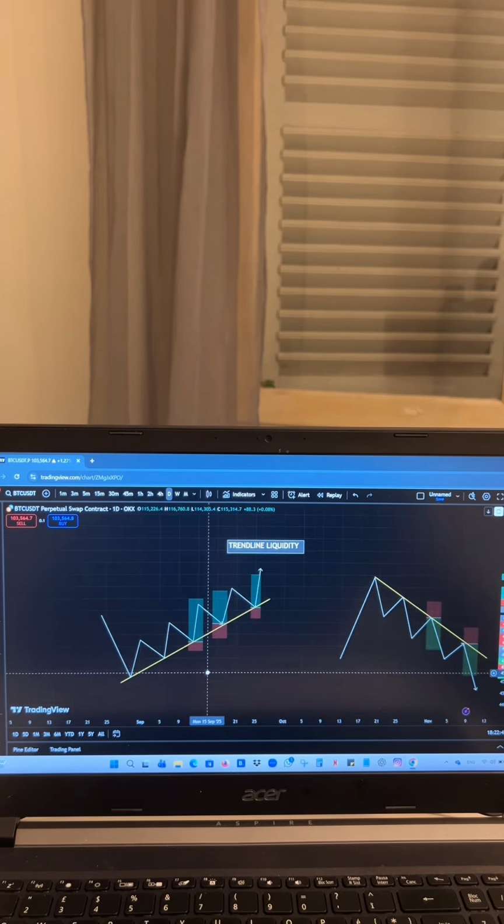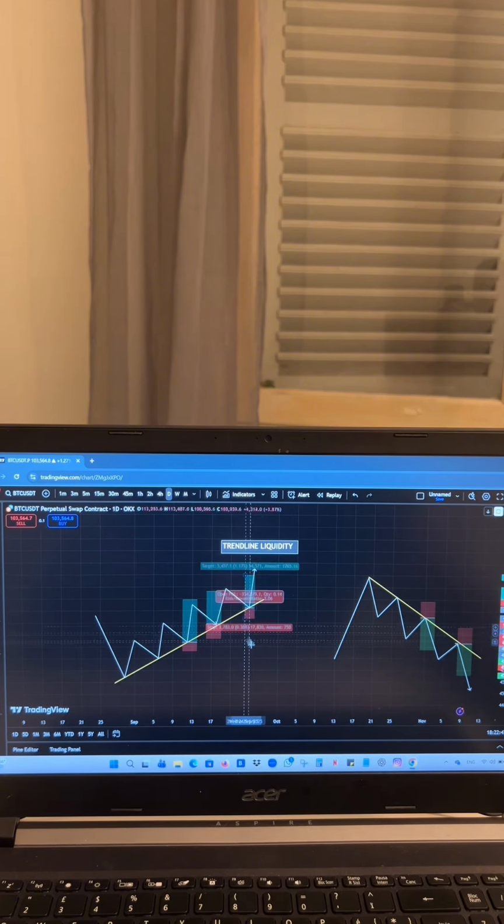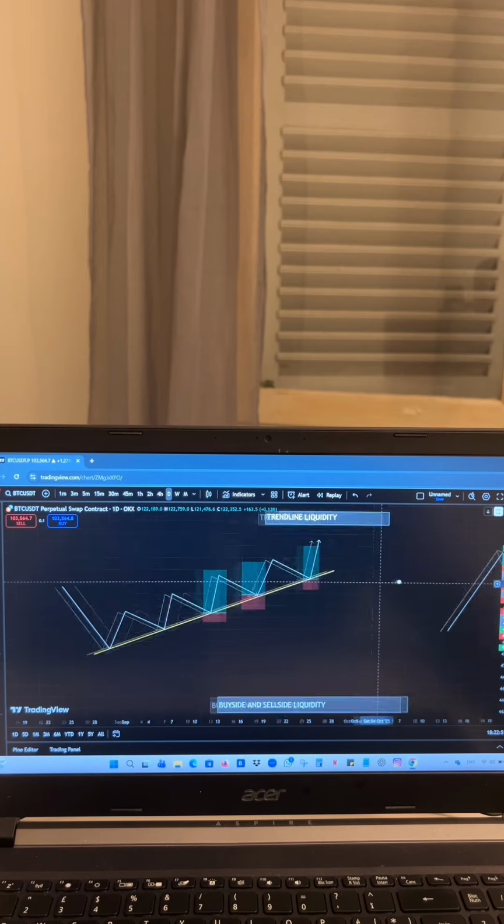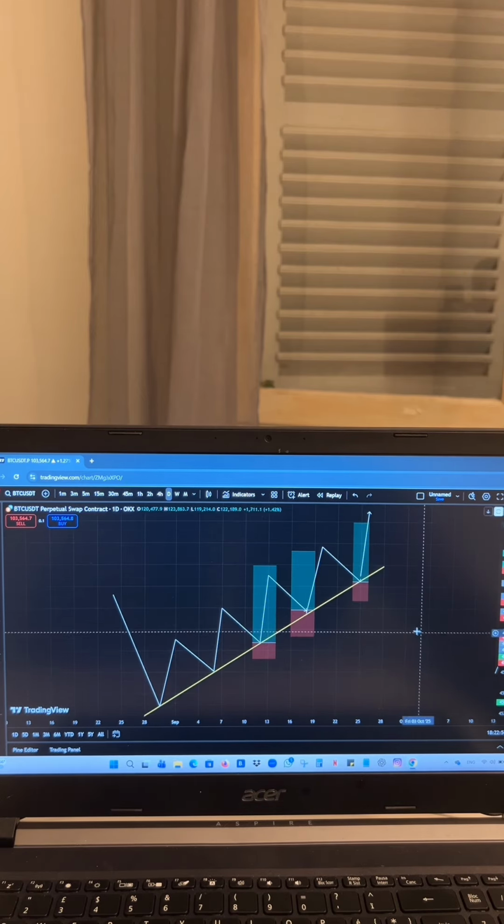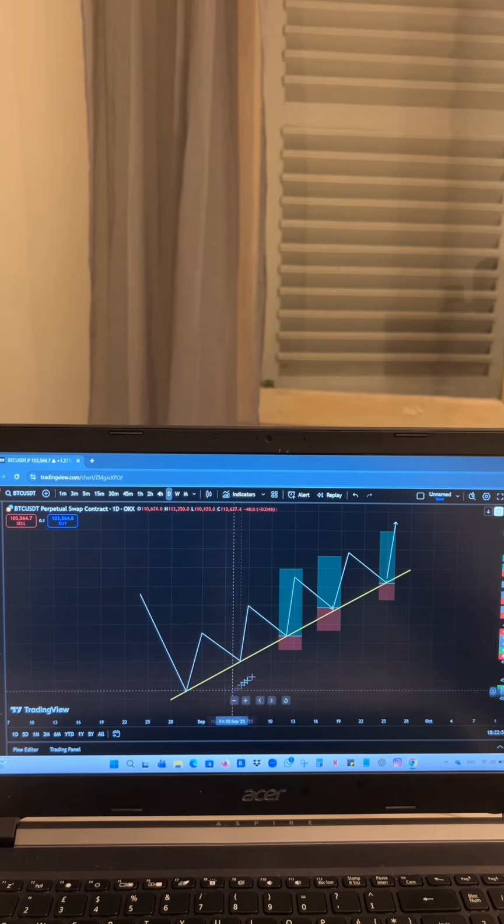In an uptrend, a lot of retail traders take long trades when there's a trend line like this, when the market is supporting this kind of level.